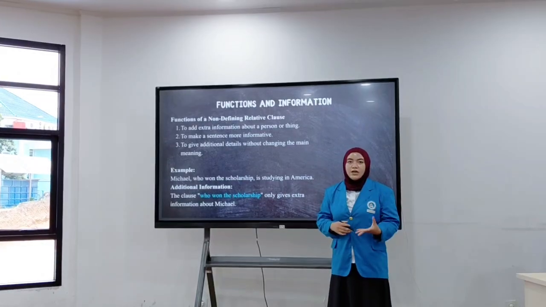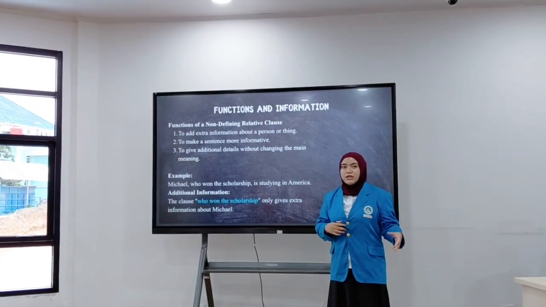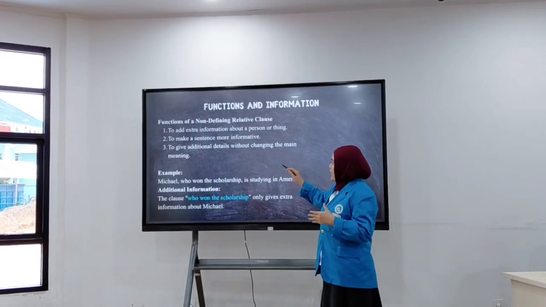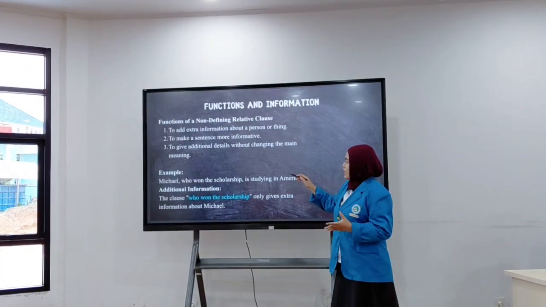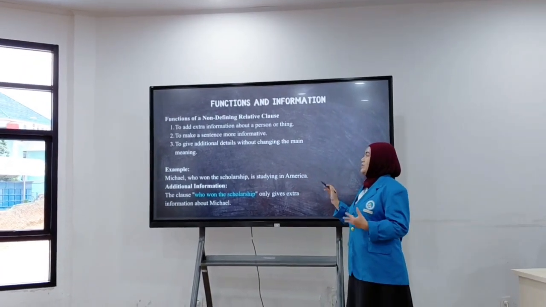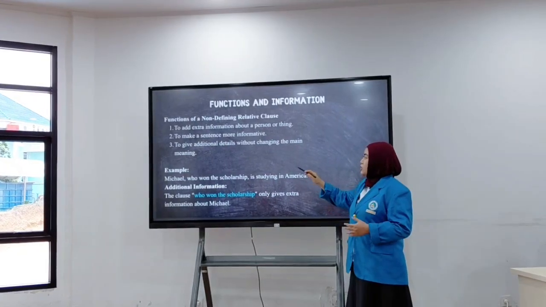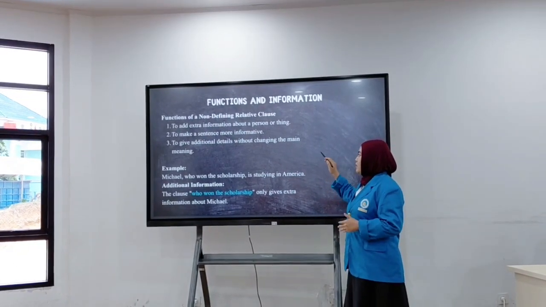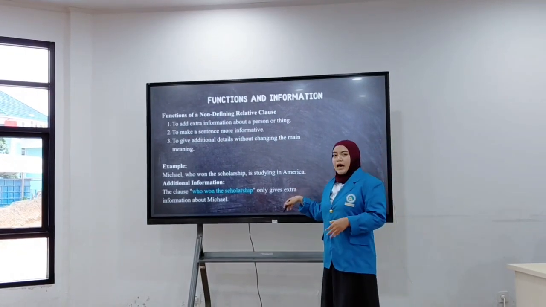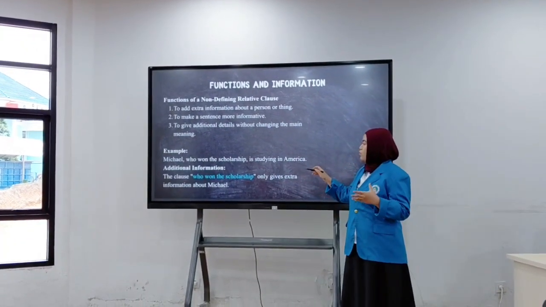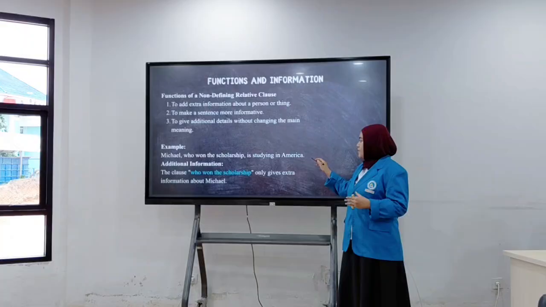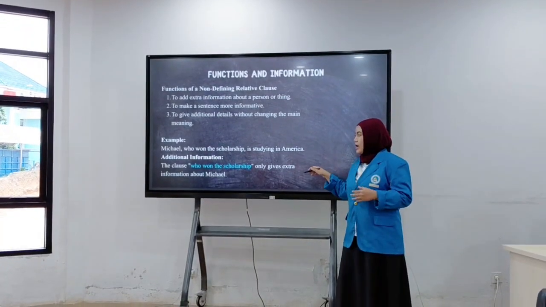Okay, next, function and information. These are the functions of a non-defining clause. First, to add extra information about a person or thing. Second, to make a sentence more informative. And third, to give additional detail without changing the main meaning. An example: Michelle, who won the scholarship, is studying in America.